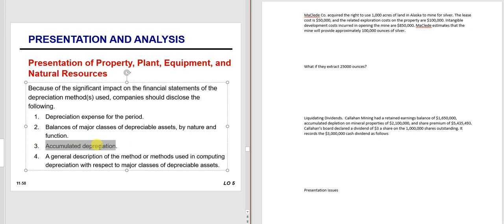Accumulated depreciation: an interesting thing is you don't have to break it out by major class. You can just put one number for all accumulated depreciation. So you'll often see 4, 5, 6 lines. The top one's land, then buildings, then equipment, furniture and fixtures. They'll total it up and subtract accumulated depreciation. Then a general description of the method or methods, which basically means double declining balance, straight line, etc.